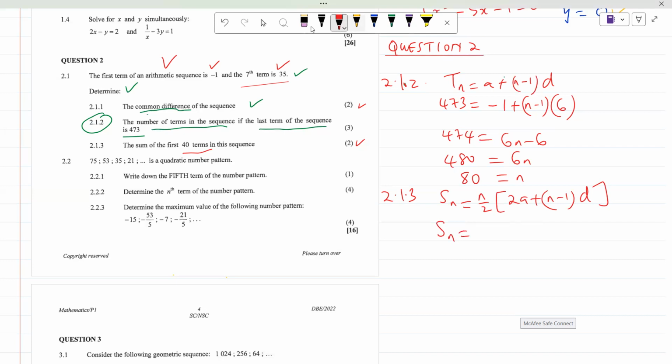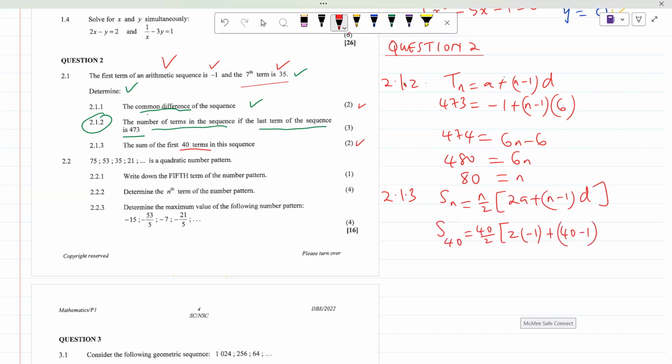Right, so now we are saying here the sum of the first 40 terms. So the terms are 40, which means n is 40. So this is 40 divided by 2 into 2a. What is the first term? It is -1, into 40 minus 1.